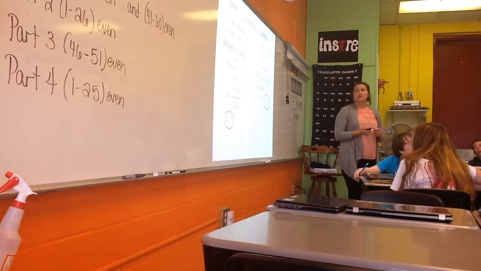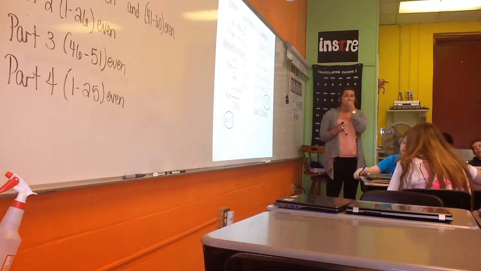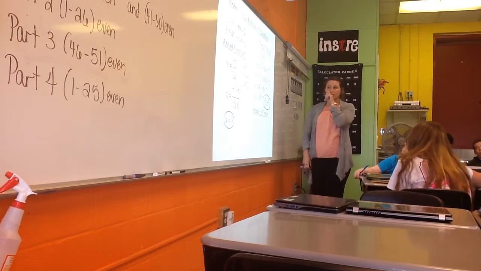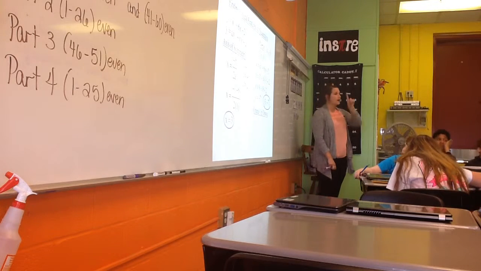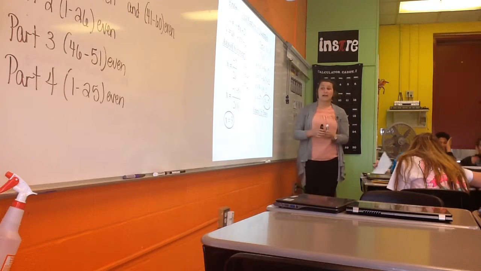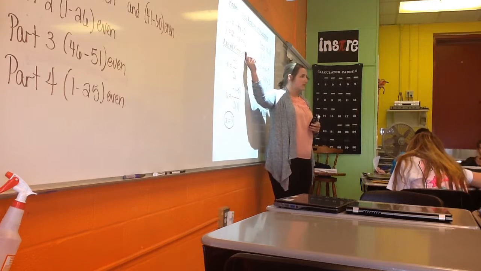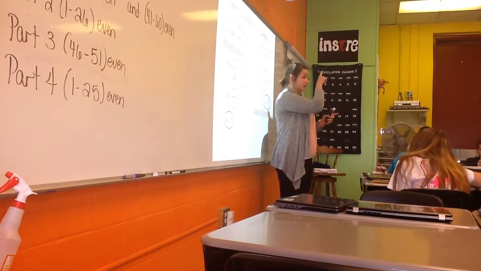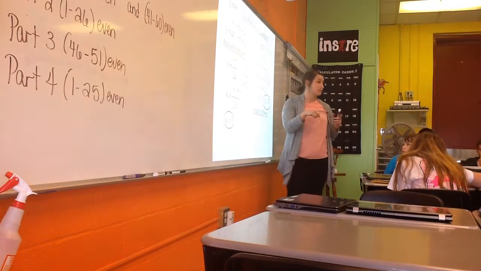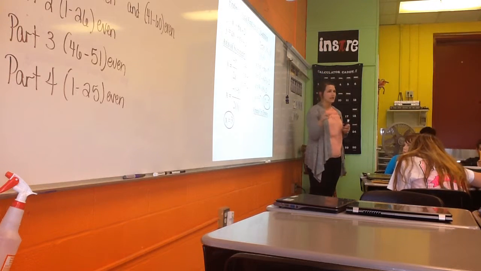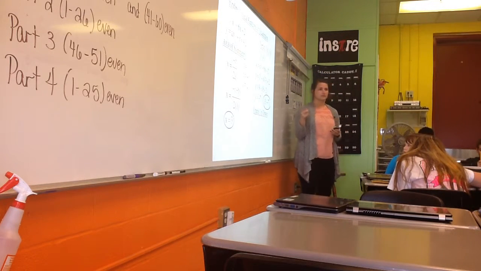Okay, so if we look at our equation again, we need to know if it's going to open up or down. Yes, we have our axis of symmetry, we have our vertex, and we know our y-intercept, but we need to know if we need to draw this way or that way. So what can I look at to determine that?